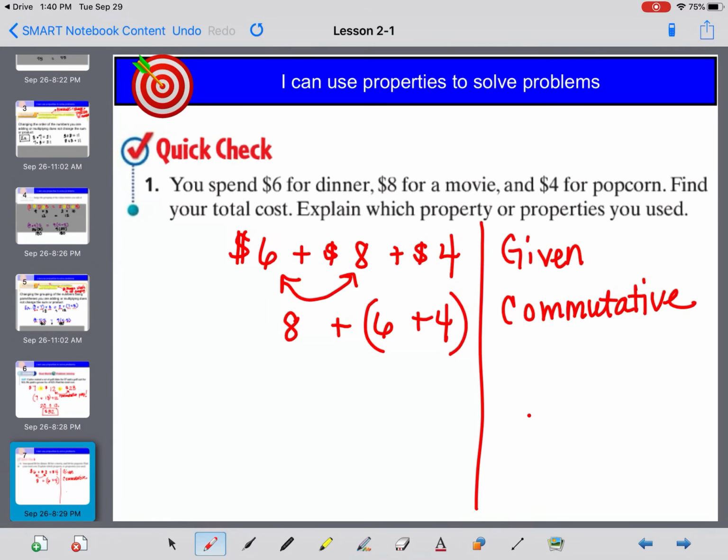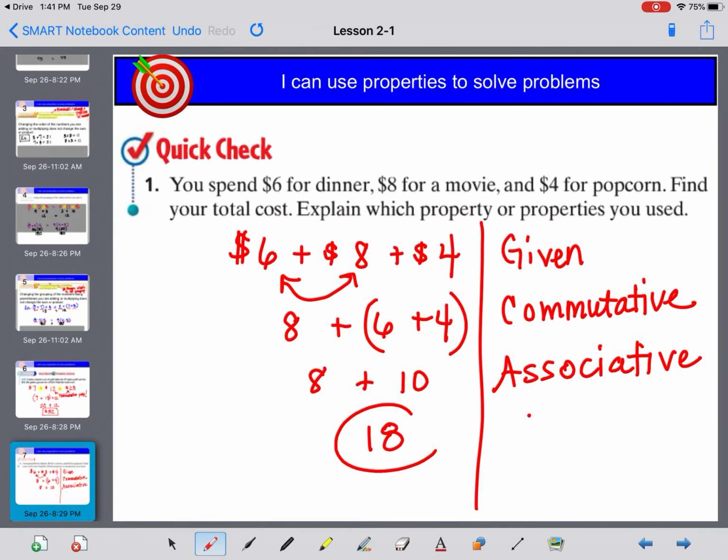You're always trying to make a 10, a 20, a 30, a 40, a 50, because those are easy to add or subtract or compute with. 6 plus 4 is 10 plus 8. And so that was the associative property that allowed me to group those other ones together, 6 plus 4, before I did 8 plus 6. And then I'm going to add, and I get 18. And don't forget your label.